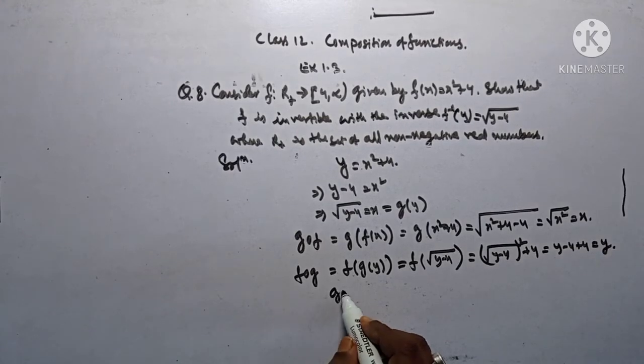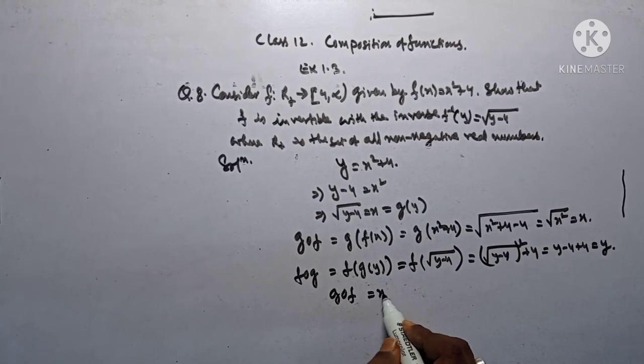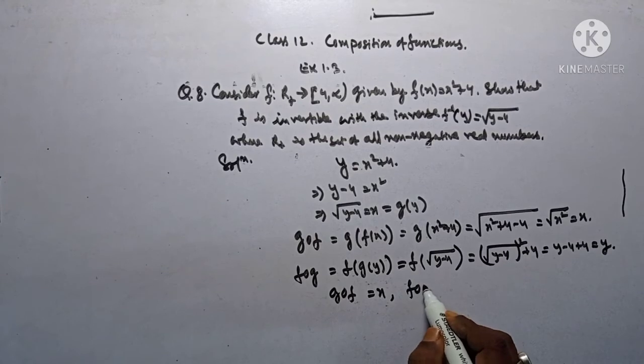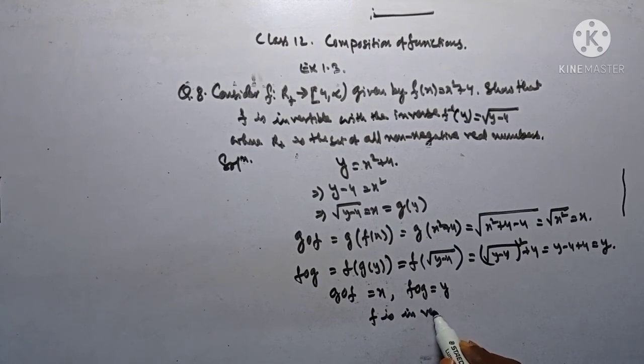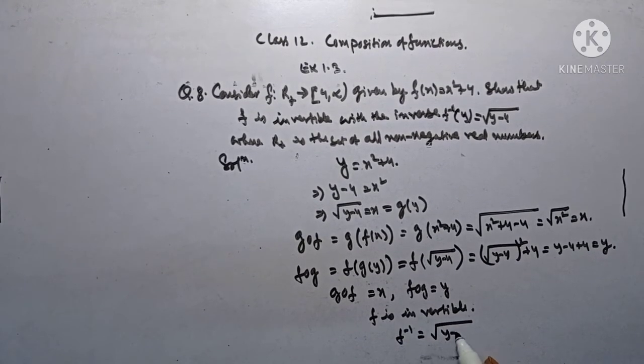So your gof is equal to x, and your fog is equal to y. You can say that f is invertible, and your f inverse is root y minus 4.